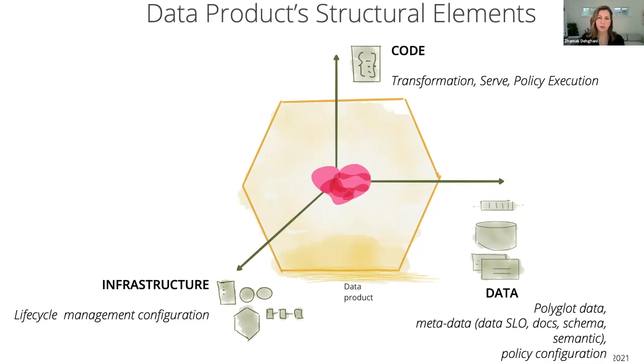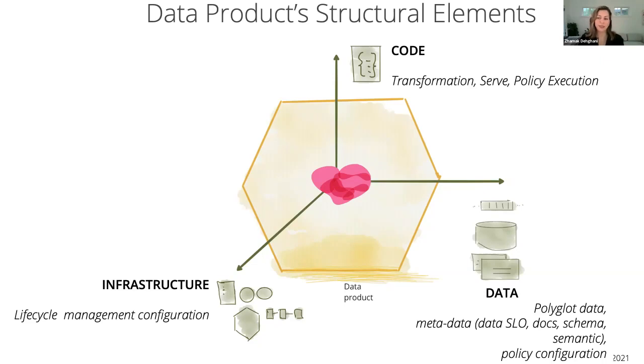Do we need to apply some sort of confidential computing and differential privacy? Do we need to give some form of synthetic data that represents the statistical nature of this data, but not the data itself? Can I see the forest, but not the trees, right? So these are policies that can be embedded and executed by the data product here locally.